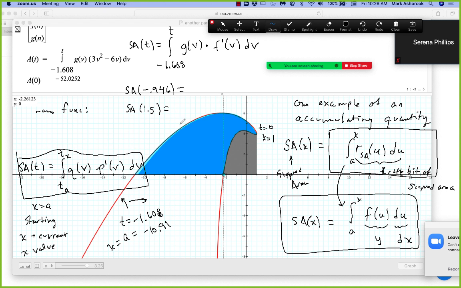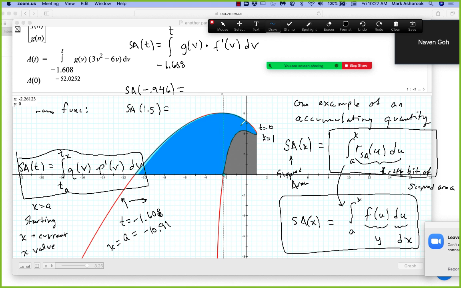Remember, the signed area at t equals 0 gave us all of the area of the blue and the gray. So now if t keeps going, and I'm guessing that t is 1.5 here, what will that signed area represent? Just the area that's confined to the parametric function.